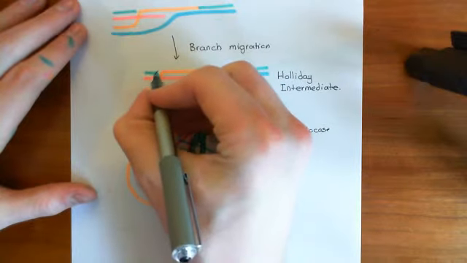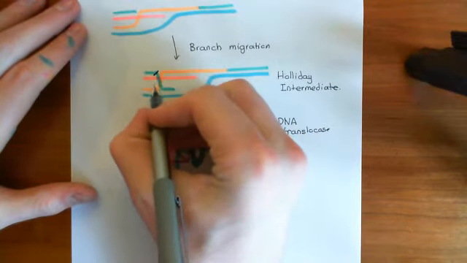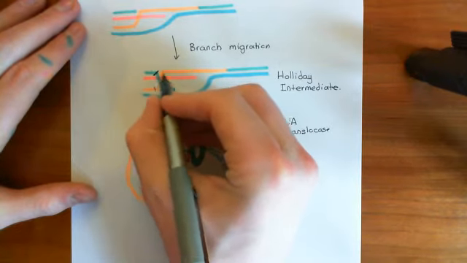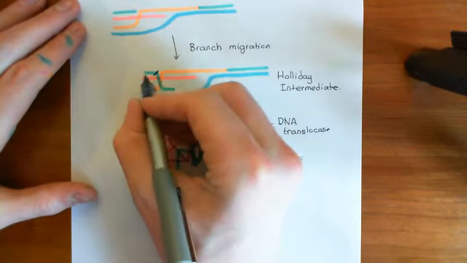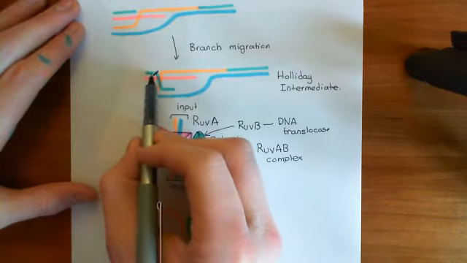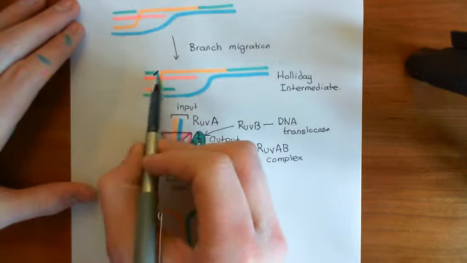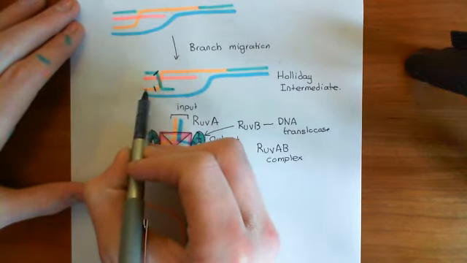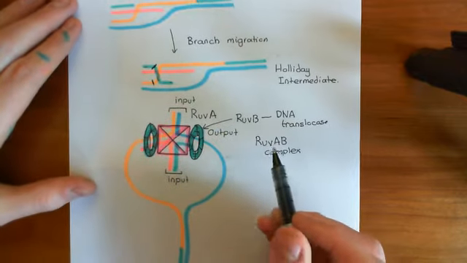We cut this strand here, we cut the turquoise strand and we cut the orange strand, and we then say, okay, this portion of the orange strand will go on to this red strand here and we'll religate it with this turquoise fragment here. Then this portion of the turquoise strand here will go onto this blue strand and we'll ligate it with this fragment of the orange strand here.